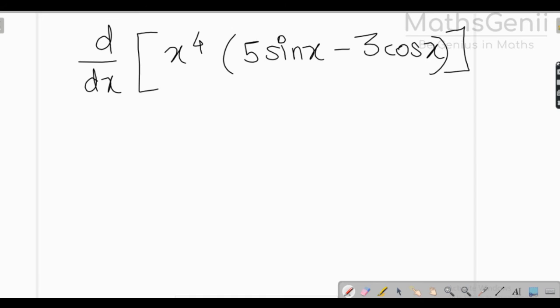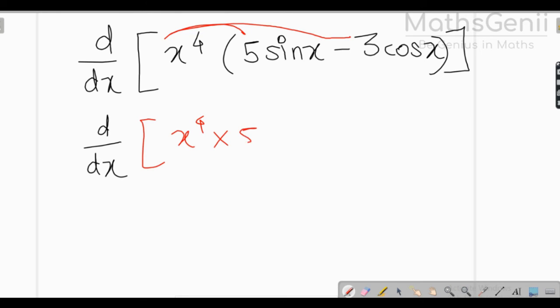Even before doing anything, let's just open the brackets. This will go to this and this will go to this. So x raised to 4 into 5 sine x minus x raised to 4 into 3 cos x.